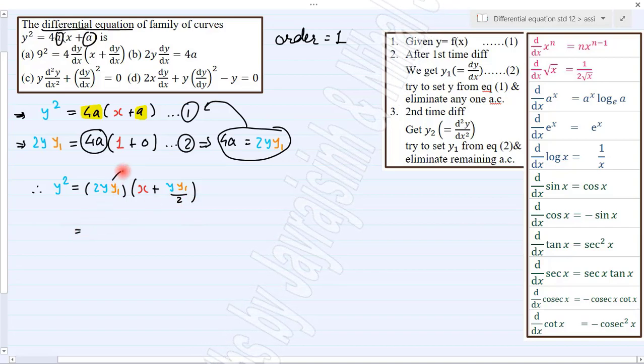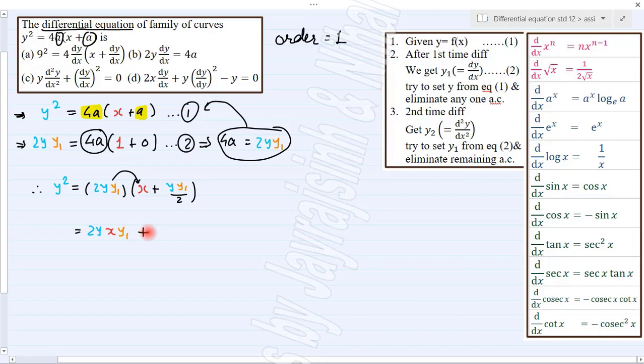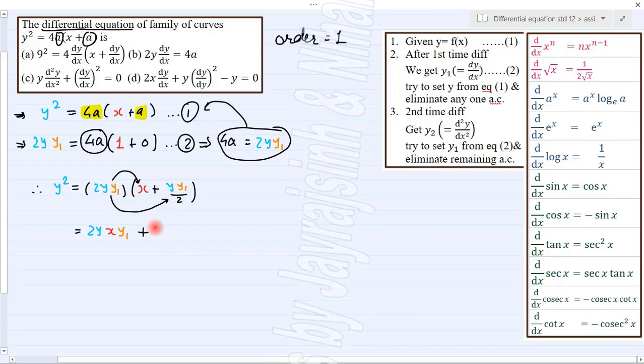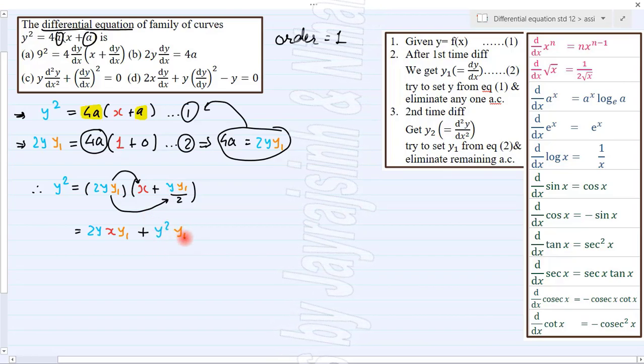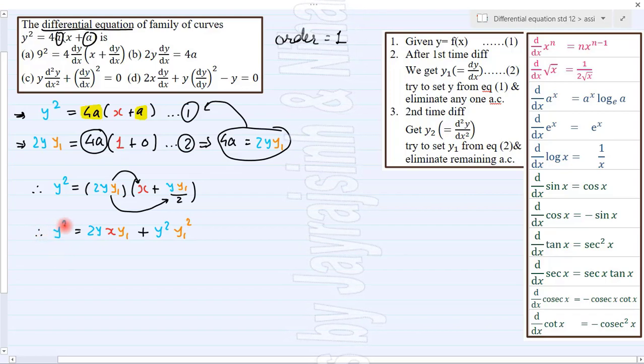If we open the bracket, 2y1 into x will give us 2y into x into y1, plus 2y1 multiplied with y1 by 2 will give us y into y1 square, is equal to y square.